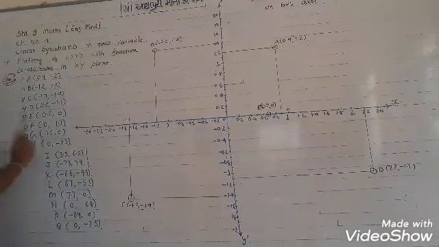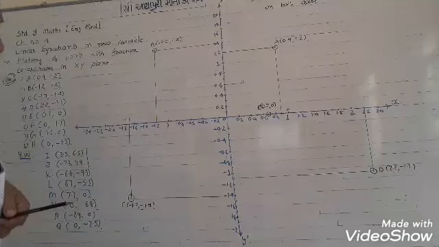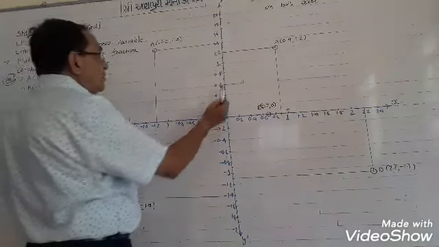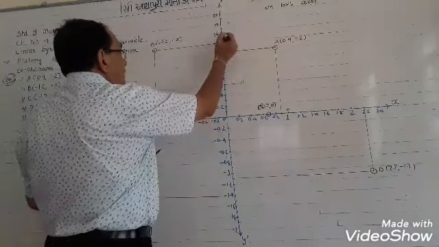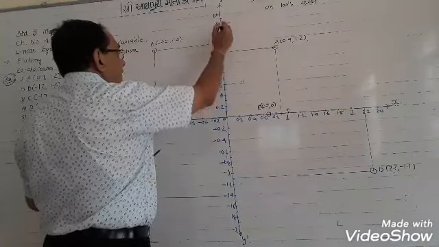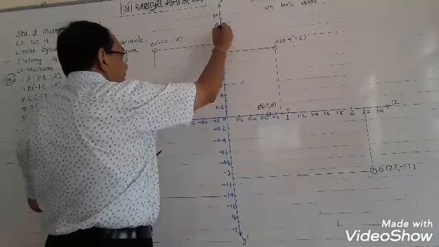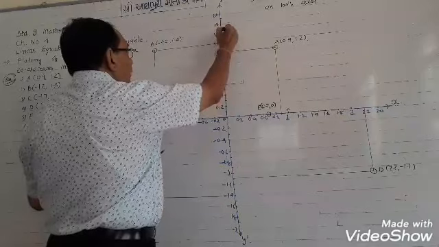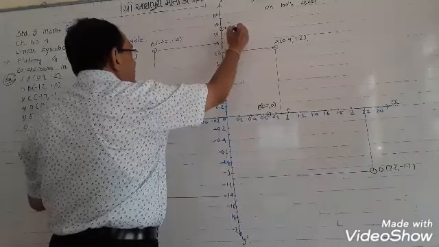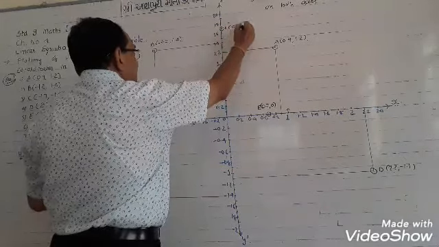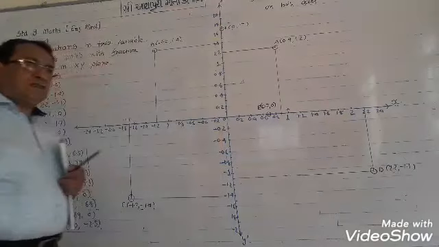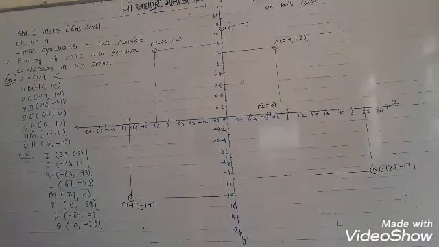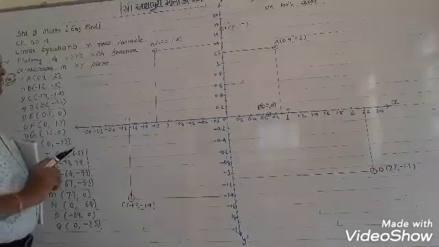Point 0, 1.7 lies on the y-axis: you know that when the x coordinate is 0, the point lies on the y-axis.